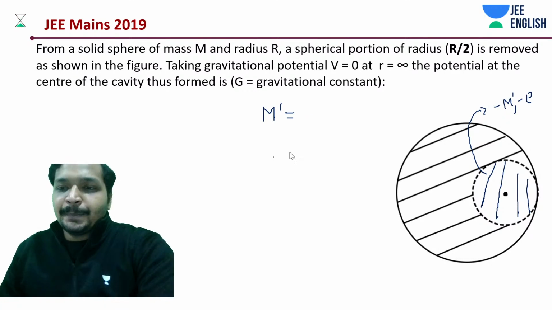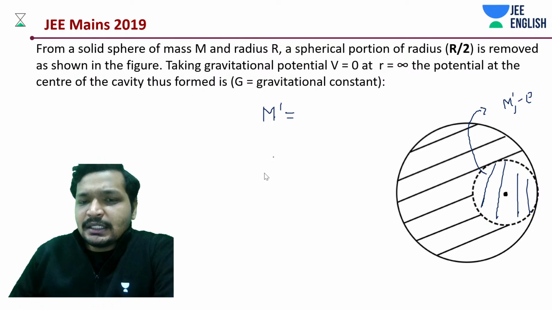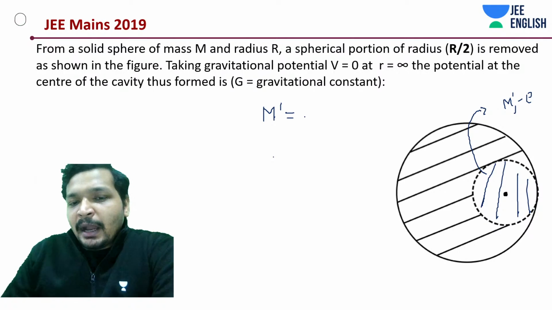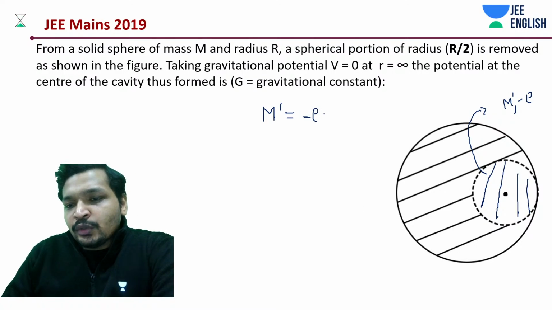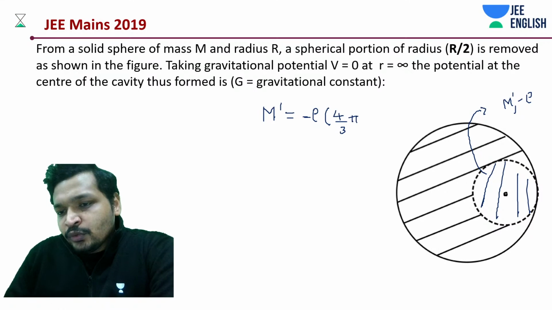Let's do it this way. It's a negative mass having some negative density. Let's take it as m dash. The m dash value is minus rho into 4 by 3 pi r by 2, because this radius is r by 2.